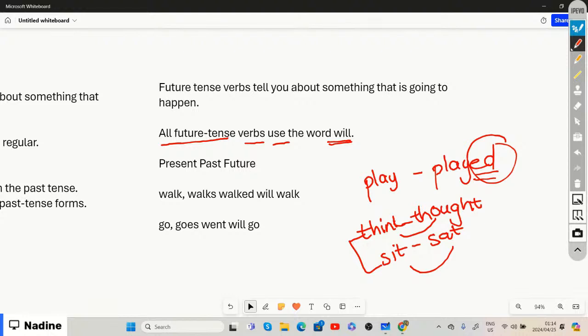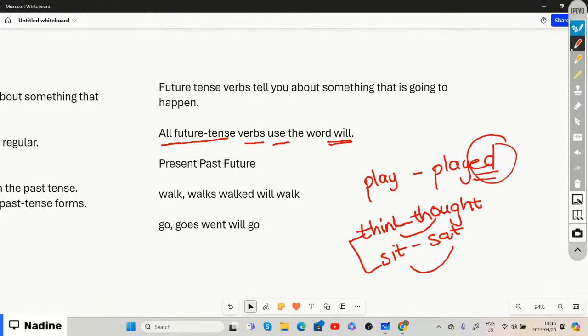With future tense, right? When we talk or when we write, we use words like I am going to walk, right? But going to walk is basically how we speak informally. So usually what they say with future tense, that is why it says all future tense verbs use the word will, which means that we should actually say I will walk to school.